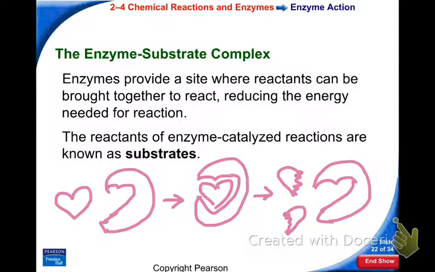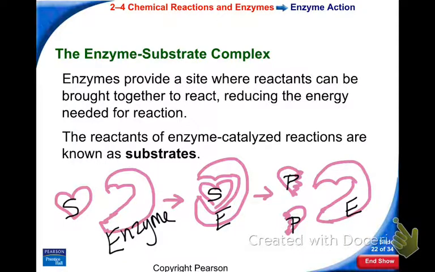So let's label this up. This is your enzyme here, and I'll label this E for enzyme. Notice your enzyme doesn't get changed. This is your substrate, your intact heart. Your substrate bonds here, and then these are your products. So the purpose of the Heartbreak Ace, remember ASE, the Heartbreak Ace enzyme is to break apart hearts.